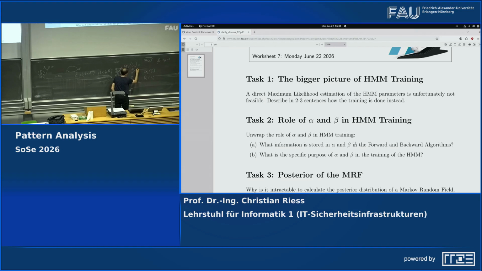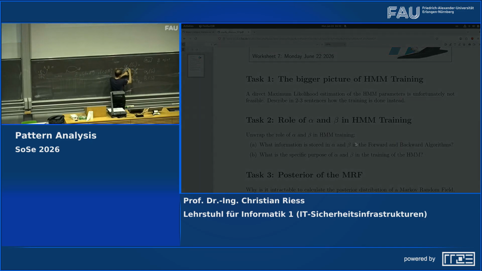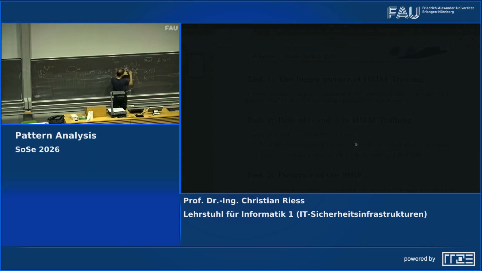So we could end in state 1, could before that be in state 2, and before that be in state 1, could end in 3, be in state 1, could be in 4, be in state 1. Could end in state 2, before that be in state 1, be in state 1, and so on. So the sum of all possible paths that at time 3 are in state 1 and that will from there span to the final state. This is what beta stores.